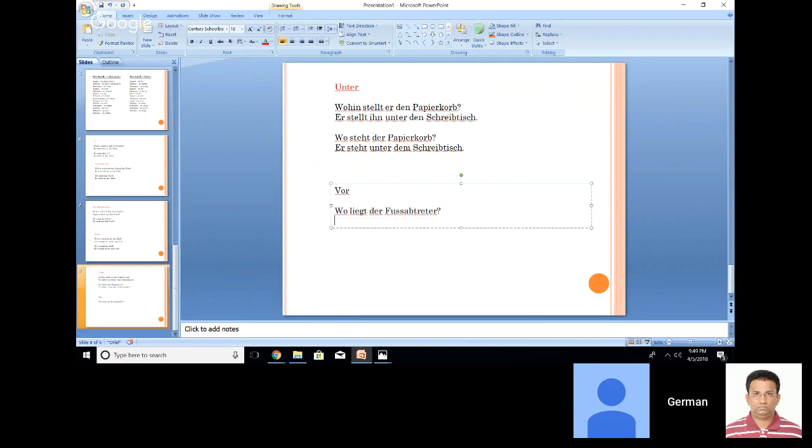And the answer would be er liegt vor der Tür. Okay. Where does the doormat lie? It lies in front of the door. This is the question for dative.